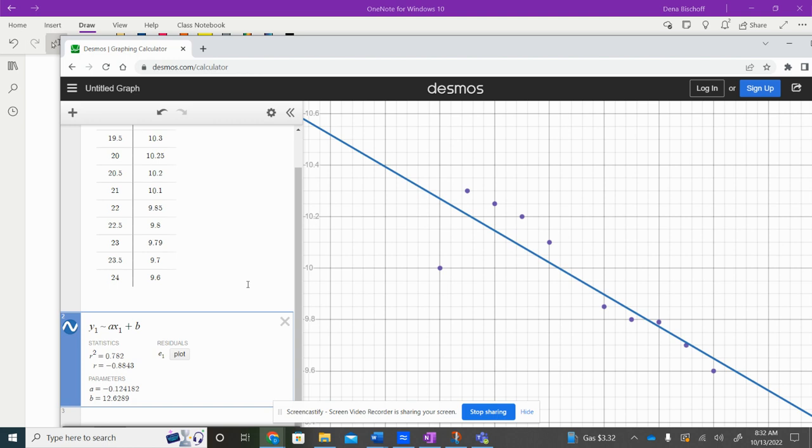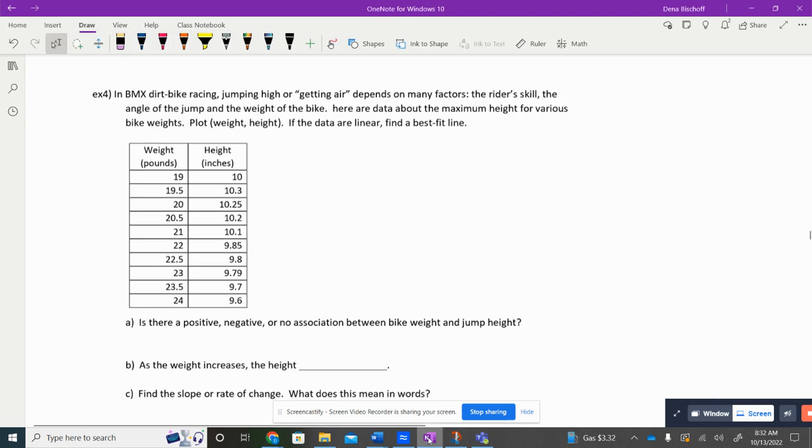Yeah, let's just do 3 decimal places. Are you guys okay with that? Y equals negative 0.124x plus 12.629. Is that okay? Okay. So I'm going to go back to the notes so you guys can see that.